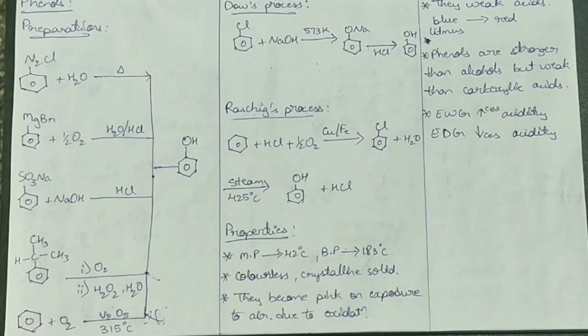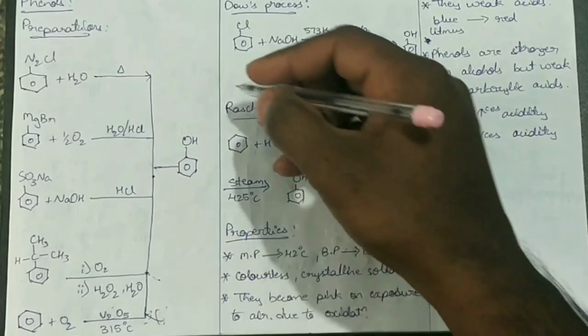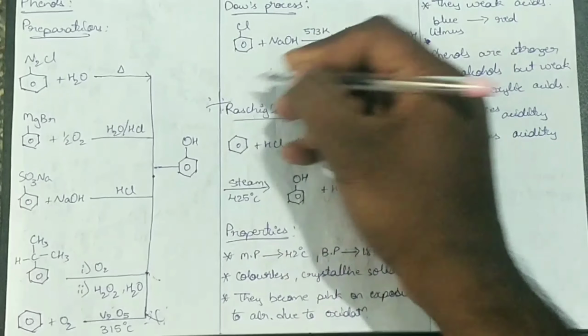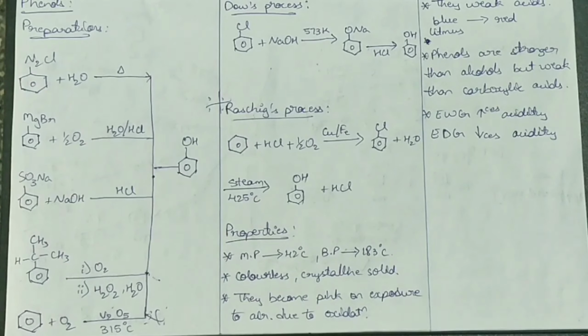Another important preparation of phenol is known as the Raschig process, in which benzene is first treated with HCl along with oxygen in the presence of copper or iron, forming chlorobenzene.